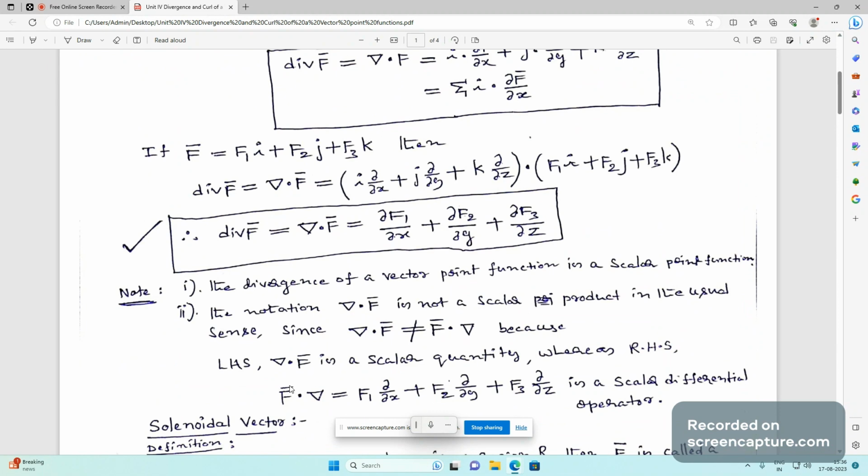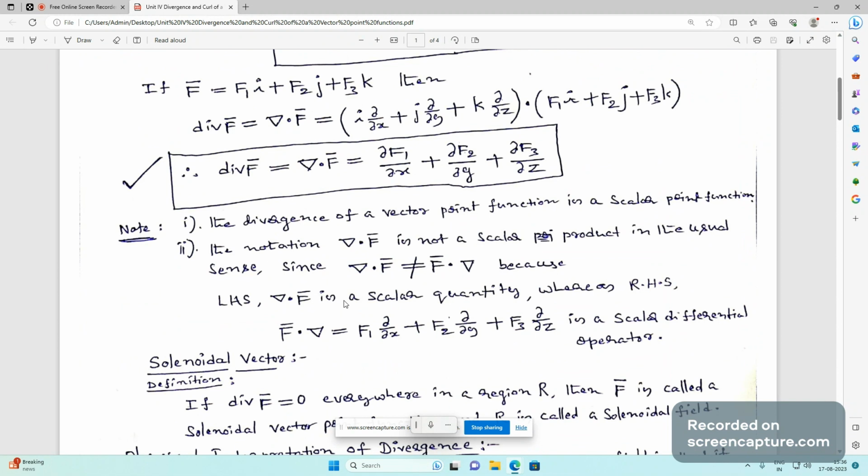The left side, del dot a bar, is a scalar quantity, whereas the right side, f bar dot del equals f1 dou by dou x plus f2 dou by dou y plus f3 dou by dou z, is a scalar differential operator. Left side is a scalar quantity, right side is a scalar differential operator. So in general, these two will not be the same.